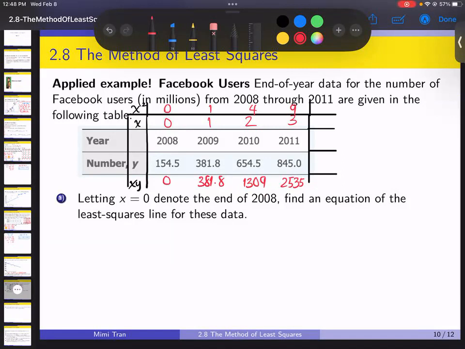Sum of X squared, 14. Sum of X, 6. Sum of Y, 2035.8. And sum of XY, 4225.